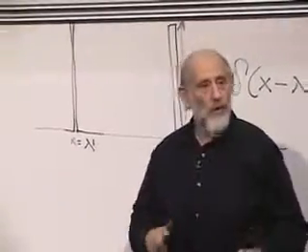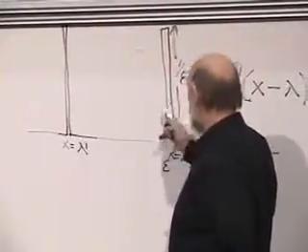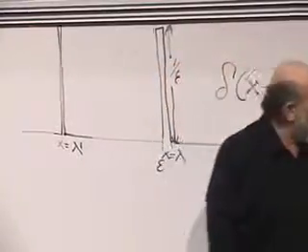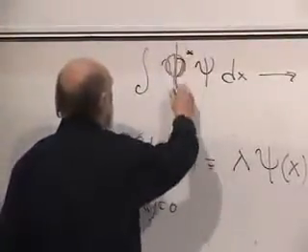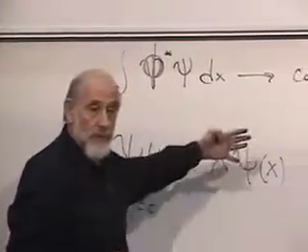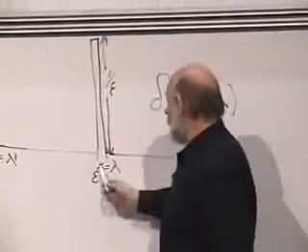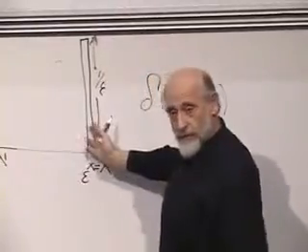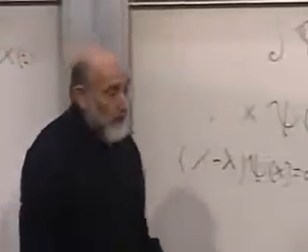Wherever this one is non-zero, this one is 0. So when you multiply them together, you always get 0. And therefore, the inner product of them is certainly 0. On the other hand, if you take the eigenvector and take its inner product with itself, you'll be squaring this high narrow function, and the answer won't be 0. Okay? So they're orthogonal to one another.